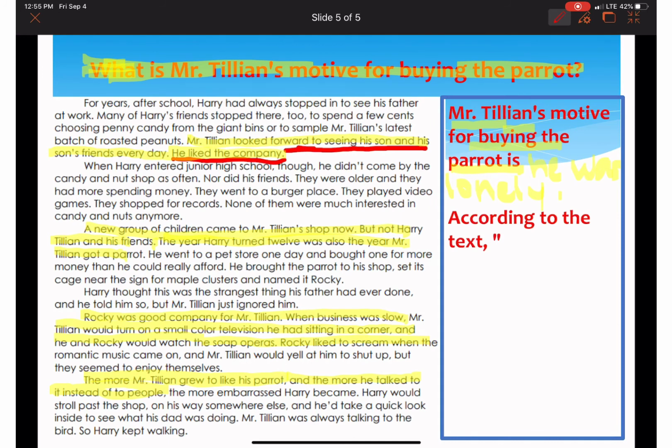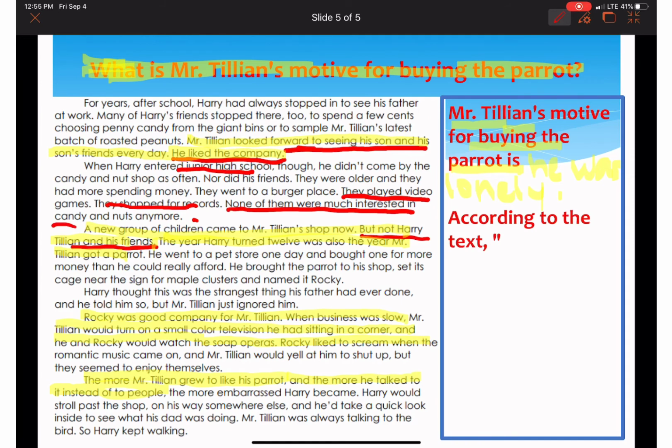It also said when they turned 12, when they entered junior high, they stopped going there. They wanted to play video games and buy records, but none of them were interested in the candy and nuts anymore. The text also said, even though other kids came by, Harry and his friends, they never came by.